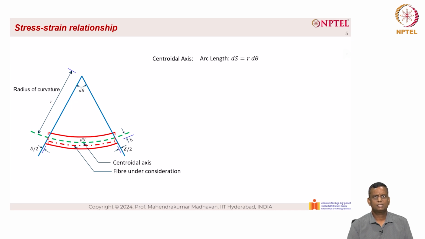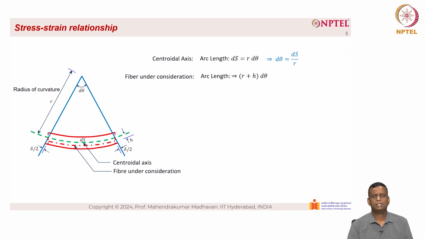So for the central axis, the arc length is dx equal to r into d theta. So we have d theta equal to ds by r. The fiber under consideration is at a distance of r plus h, because there is a small h which is more than the radius.